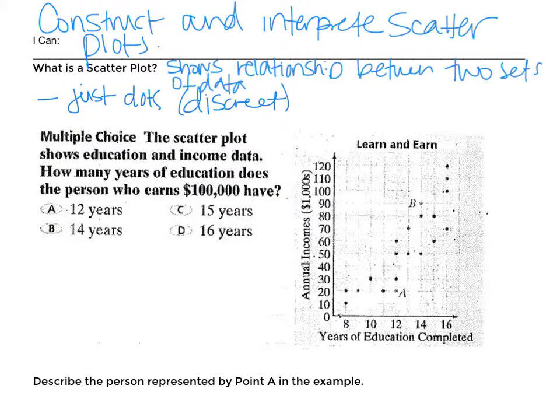Let's make sure you're writing this down as I go along. If I happen to go too fast, you can always pause it. So a scatter plot is just dots, and it's also an ordered pair when you graph it. It's your X, Y coordinate.